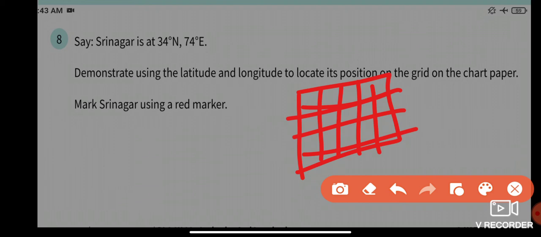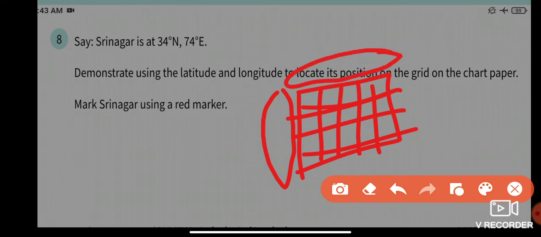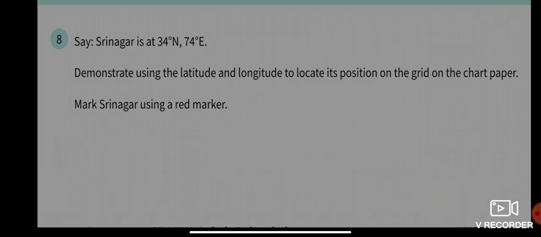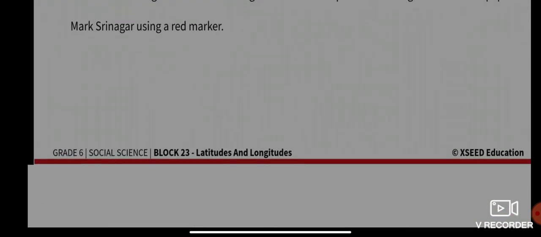You indicate the coordinates first, either starting from 0 degree north, 20 degree east, like that, and then you indicate the place for Srinagar. This portion is the north, and these are east. So you have to indicate the latitude and longitude in the grid with Srinagar.